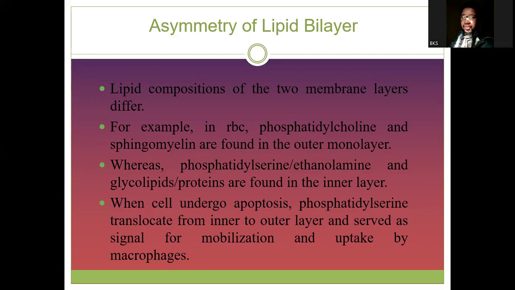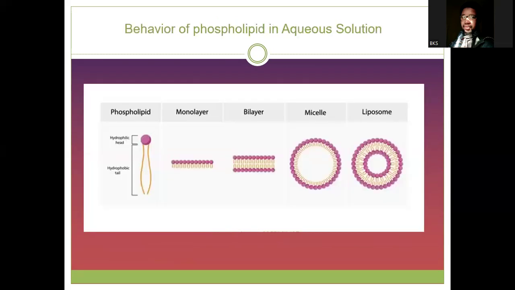Now, based on the composition of this phospholipid between the inner and the outer layer, when you have a cell that has undergone apoptosis, phosphatidylserine that is usually located in the inner layer can now translocate, can now move to the outer layer. For example, we are now seeing an inner layer here.